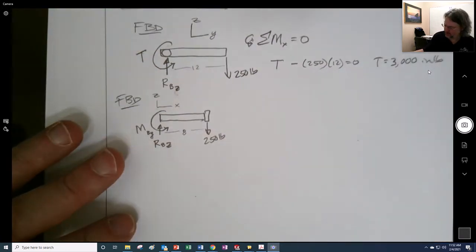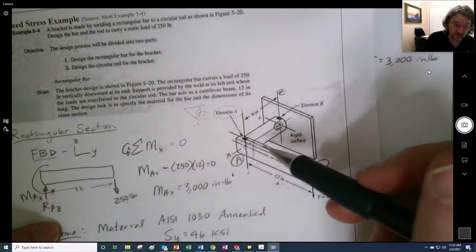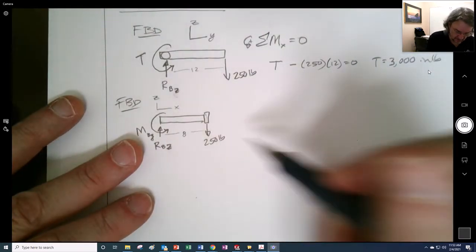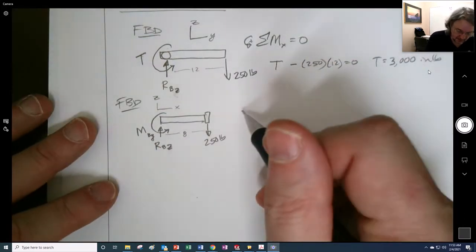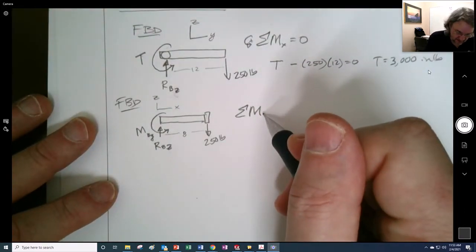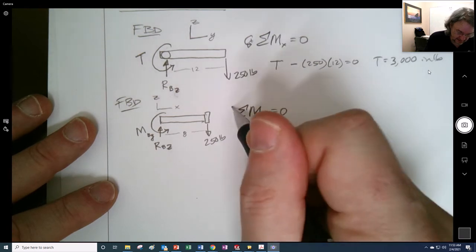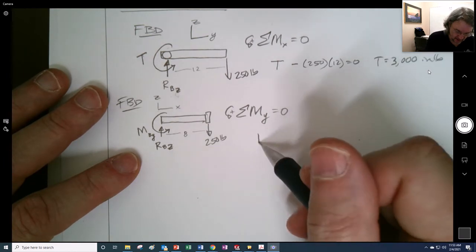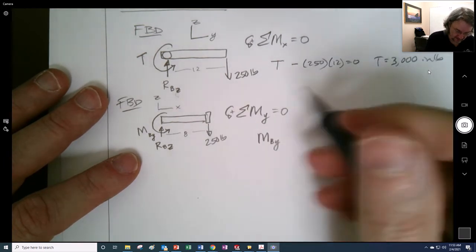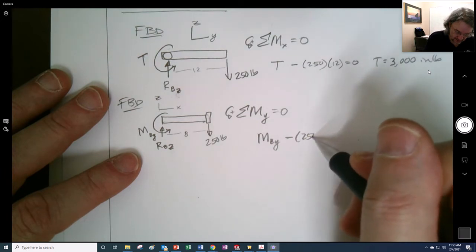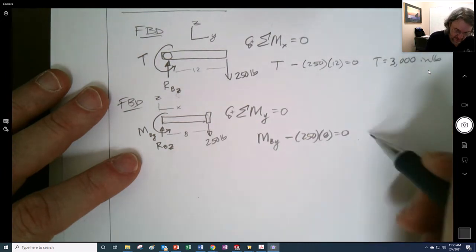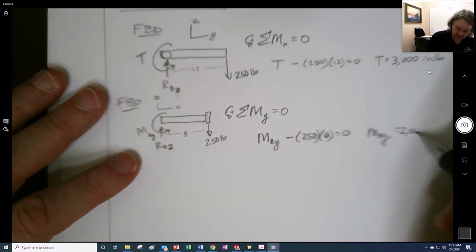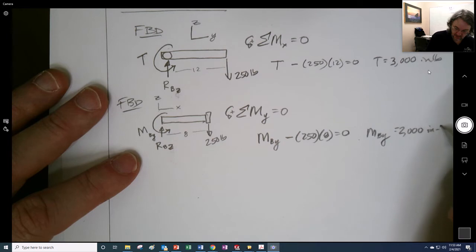We're saying it's to the center of this piece right there, so we don't have to worry about the little small sizes of the thing. So this is about the y-axis, and here you go counterclockwise as for the page, and so we just say that it's MBY minus 250 times 8, and so MBY is equal to 2,000 inch-pounds right there.